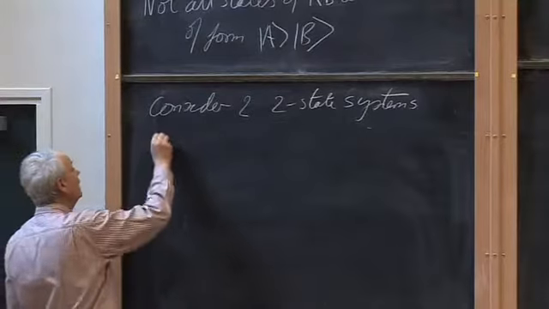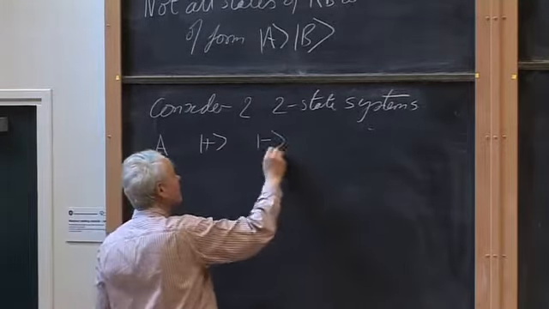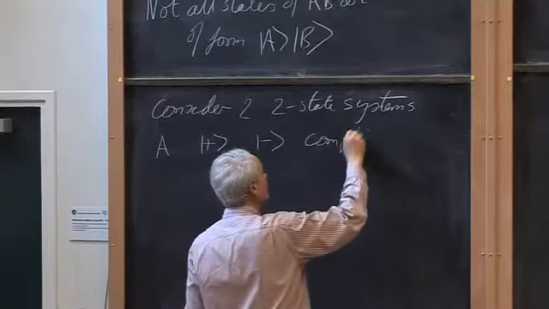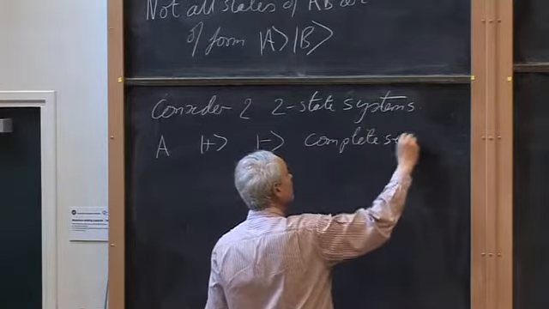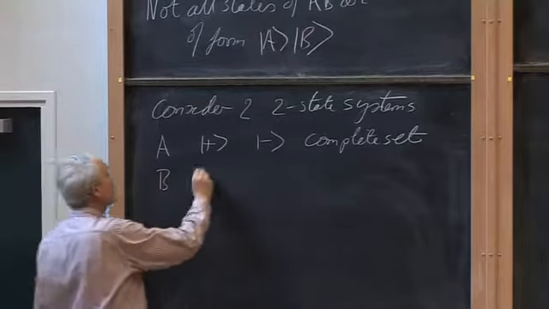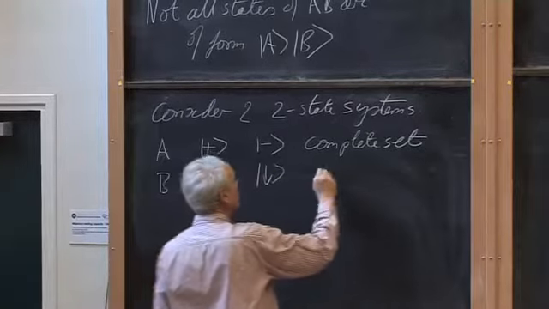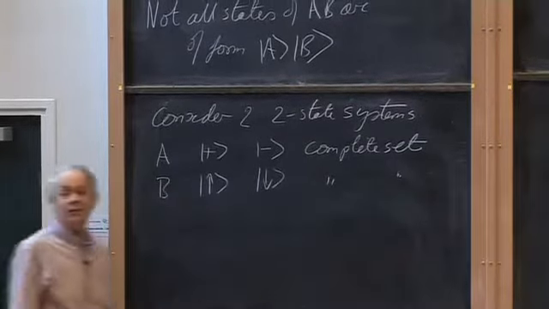A is going to have states plus and minus. These are a complete set. So we're considering the simplest non-trivial example. And B is going to have the states up and down. Right?